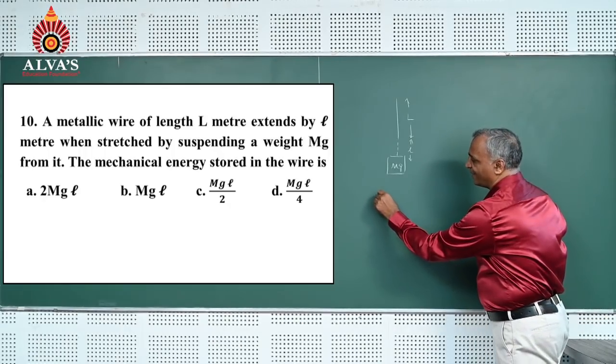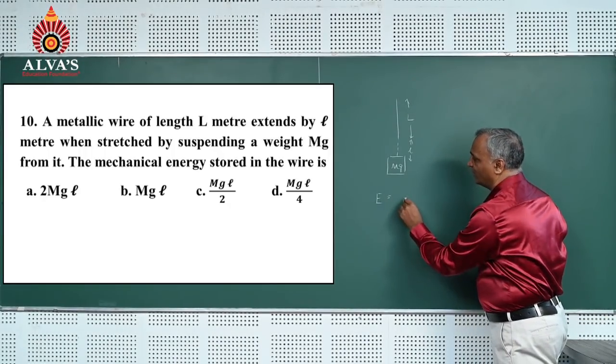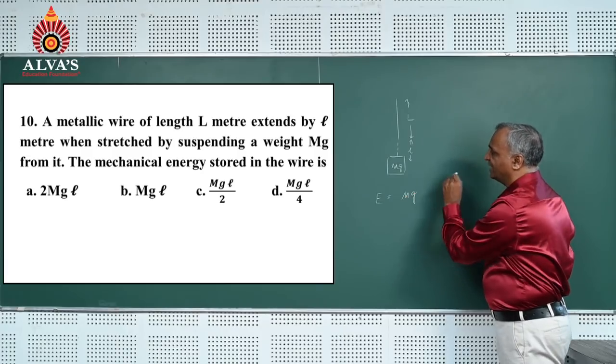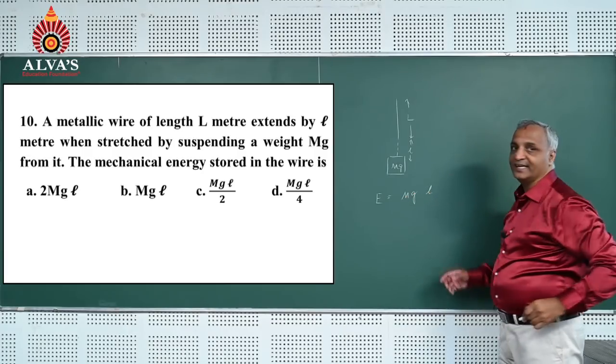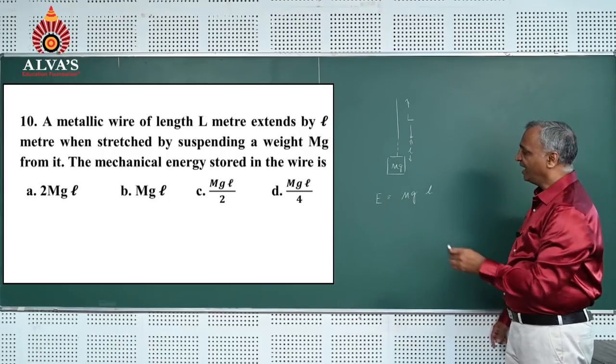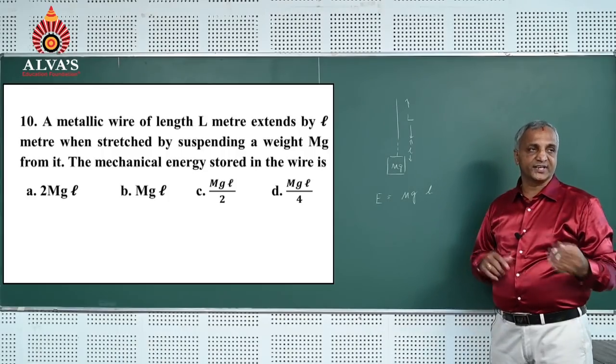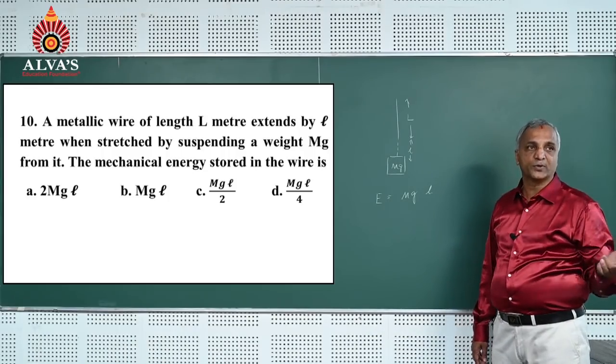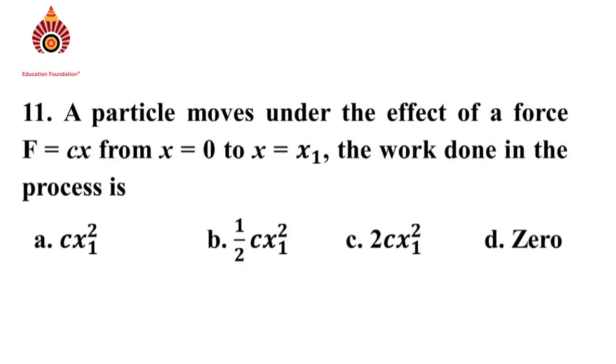So mechanical energy stored will be equal to force is mg, and l is the extension of the thread, and also whenever it is stretched, the center of gravity will be pushed by half, and that's why it is mgl by 2. So I'll go for option C.